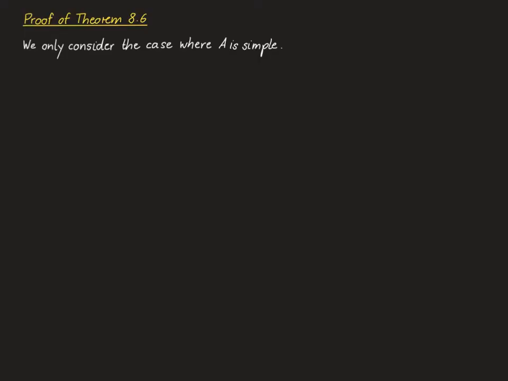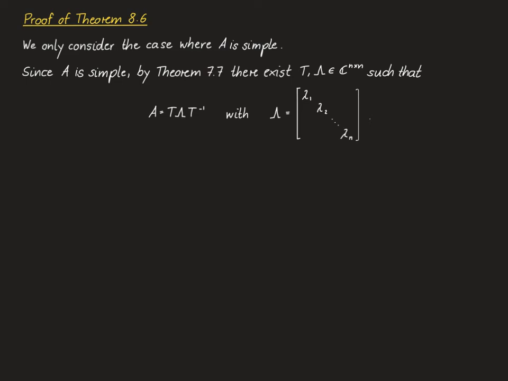For the proof of Theorem 8.6, we constrain ourselves to the case where the matrix A is simple. In this case, we have already covered all of the required ingredients, so all we need to do is collect them here again in one place, and this will be a short proof. Since A is simple, by Theorem 7.7, it has a diagonal Jordan form.